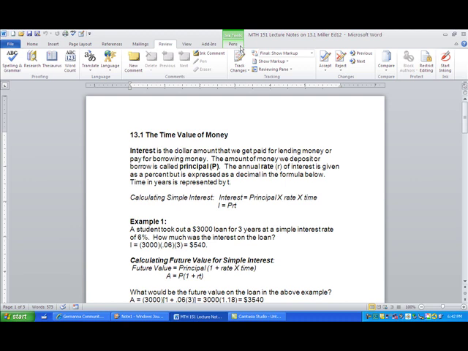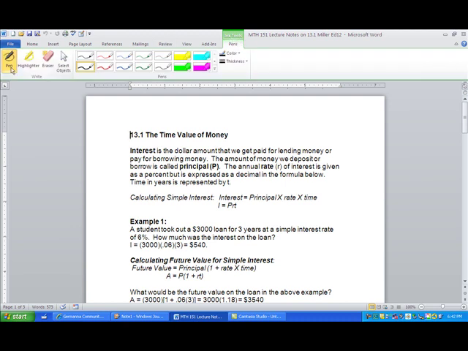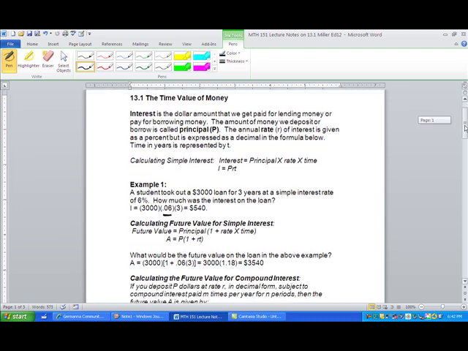Let me get my ink tool going here. Okay, and then we have 6%. Notice that in the formula, 6% is done as a decimal, 0.06. So remember, you move your decimal 2 places to the left to convert the percent into a decimal.